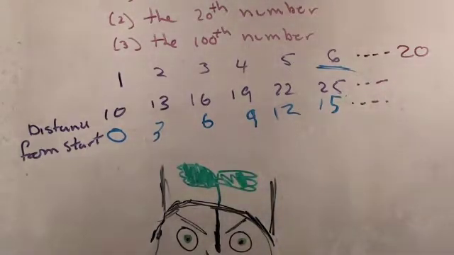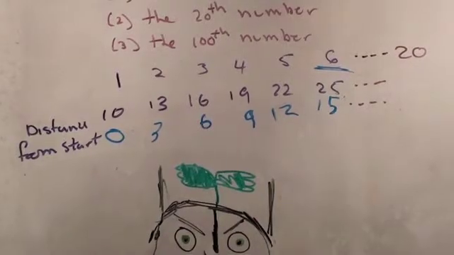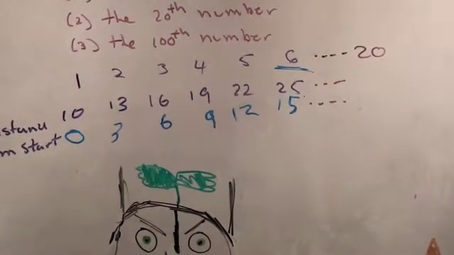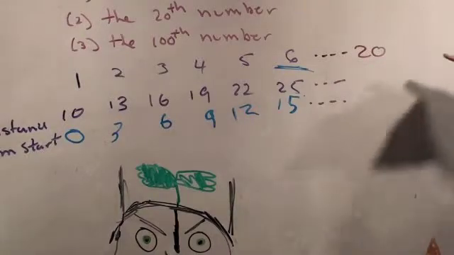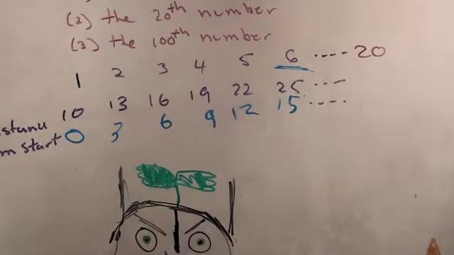Maybe we can do the same thing. Get your blue marker. So how many threes will we have used to get to the 20th number? The blue number. 19 threes.